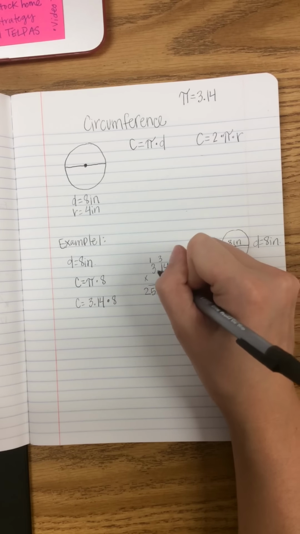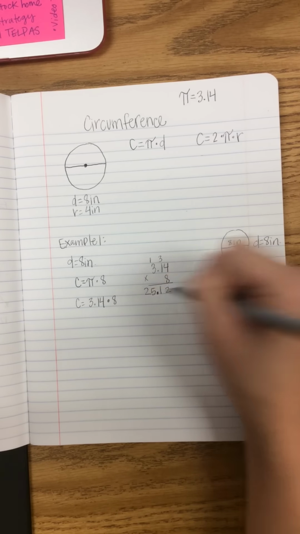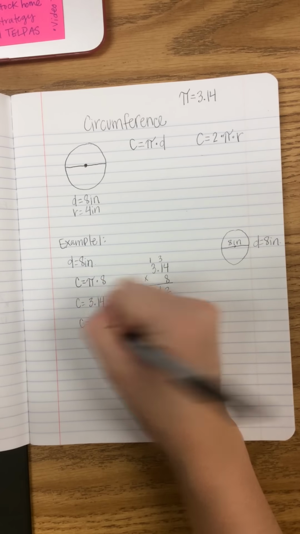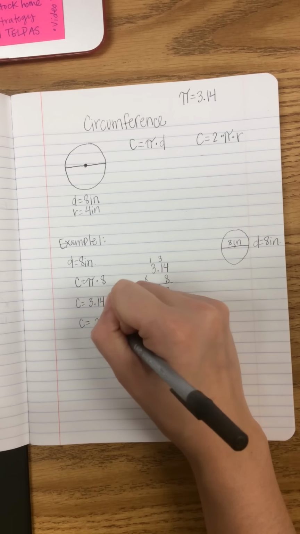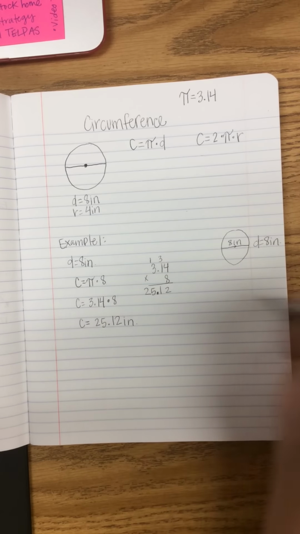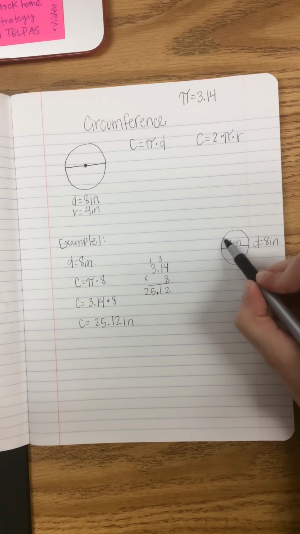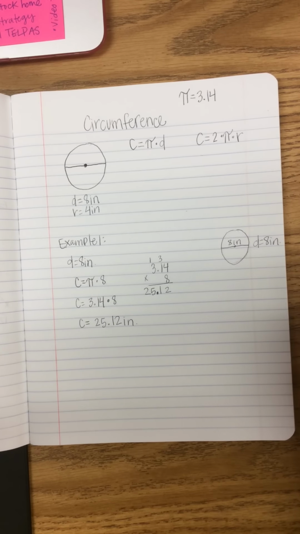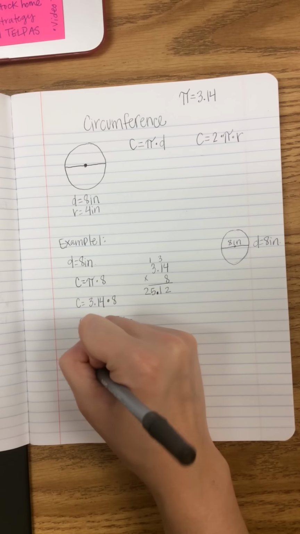And now we have 2 decimal places, so we have 2 decimal places in our answer. So that means circumference equals 25.12 inches. That would be the distance around this circle with a diameter of 8 inches. Okay? All right, so let's do another example.